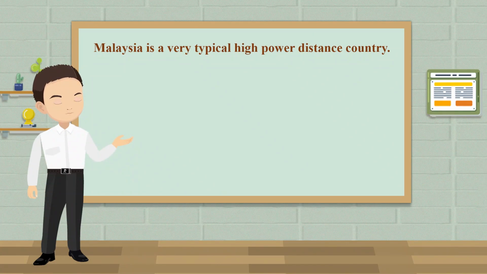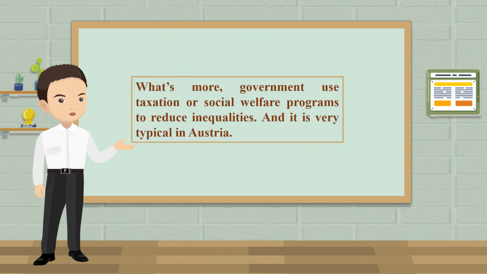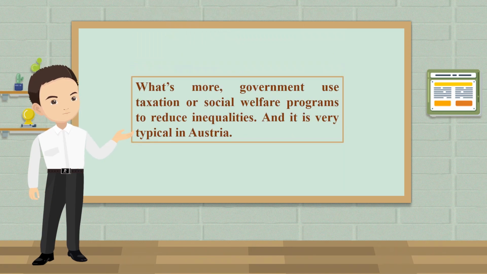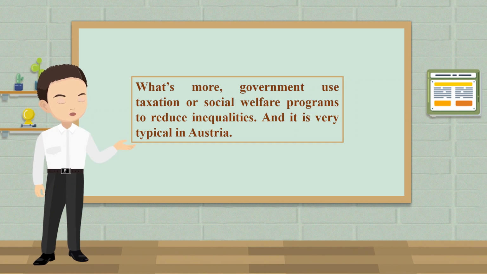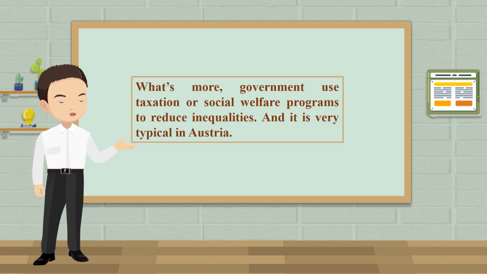Malaysia is a very typical high power distance country. In low power distance cultures, people dislike the development of large inequalities in rights and opportunity in the workplace. What's more, the government uses taxation or social welfare programs to reduce inequalities, and this is very typical in Austria.